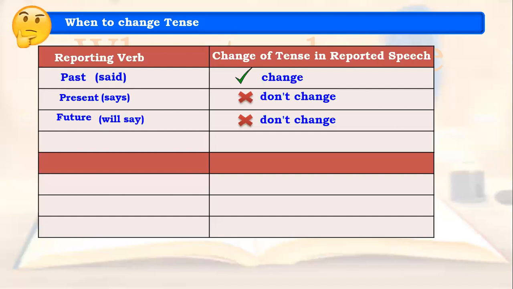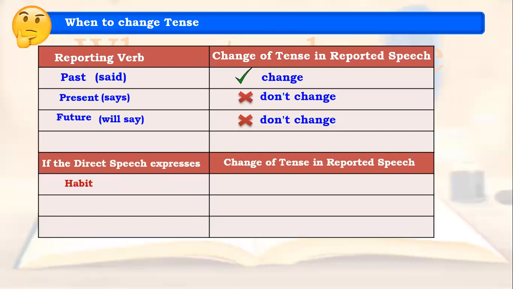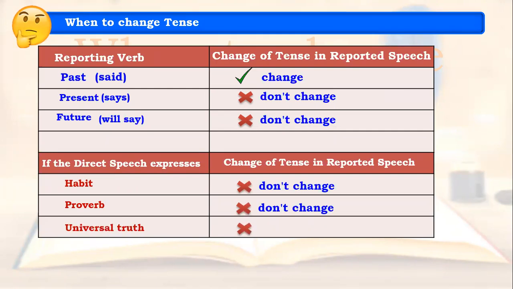Now, sometimes the bahar ka verb that is said is in past tense, but the reported speech, that is the sentence inside the inverted comma, is habit, proverb, or universal truth. So even in this case, we are not supposed to change the tense.